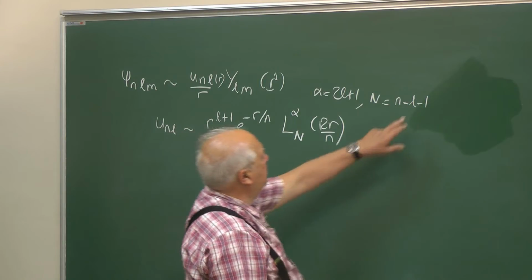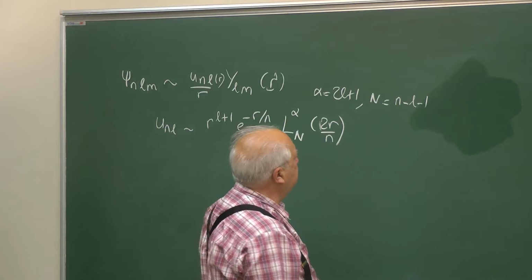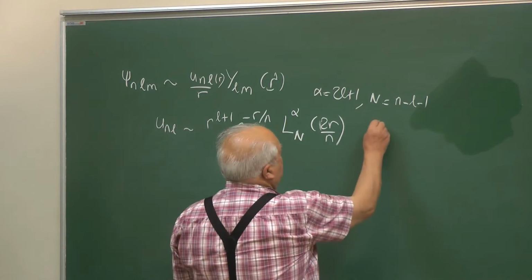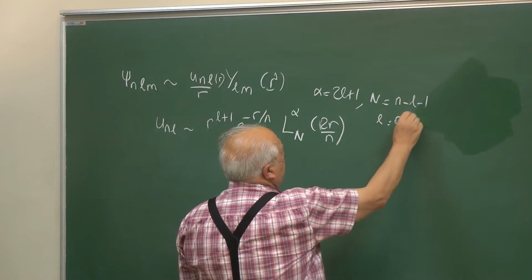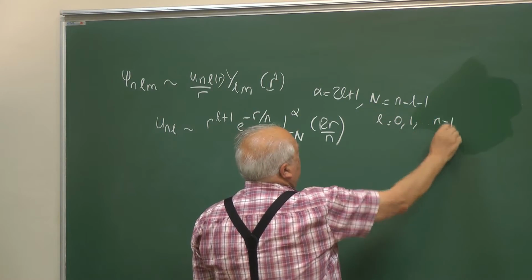L is the orbital angular momentum quantum number, n is the principal quantum number, and L can take, for fixed n, integer values from 0, 1 to n minus 1.